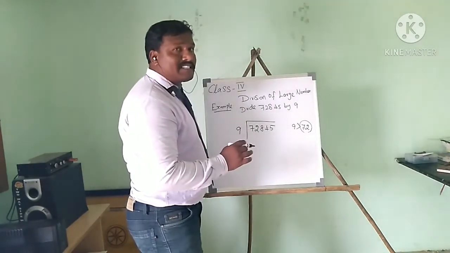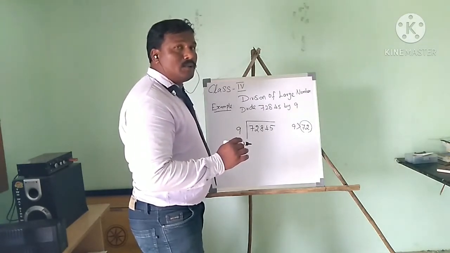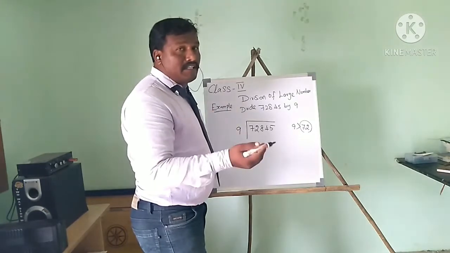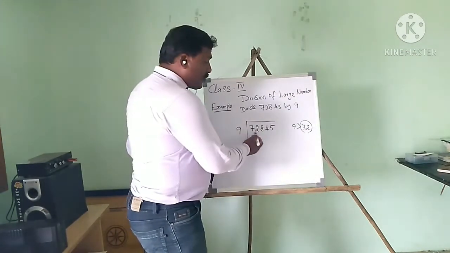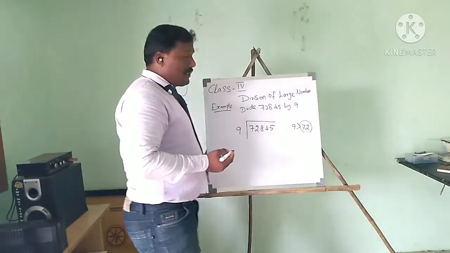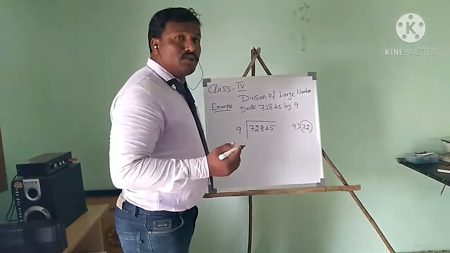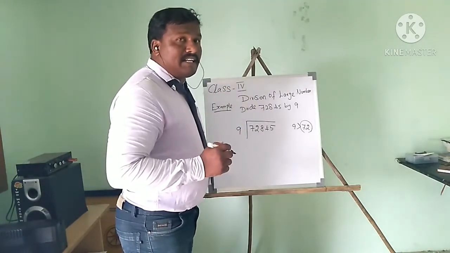We can't divide this kind of numbers. So the dividend must always be the big number. Now I will take two digits, and compared to 9 this is big, so now we can divide.